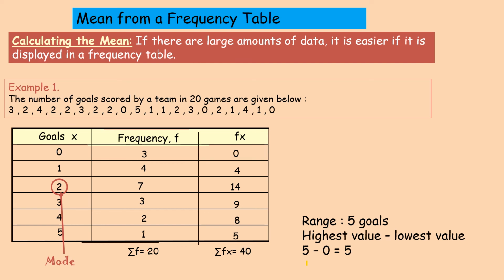So the least goals scored was 0, and our highest value, which is the most goals scored in one game, would have been 5. 5 take away 0 is 5. We will concentrate on range and mode in future lessons, so don't worry about that too much. The main learning objective today is to be able to calculate the mean from a frequency table.